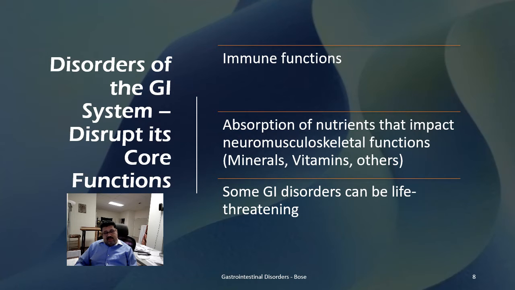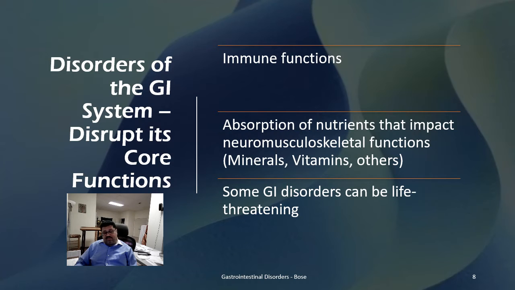Additionally, back to the absorption of nutrients, some nutrients are essential for producing energy. As we know, we eat to provide us with energy. However, we also eat to provide us with building blocks that are essential for life and health.